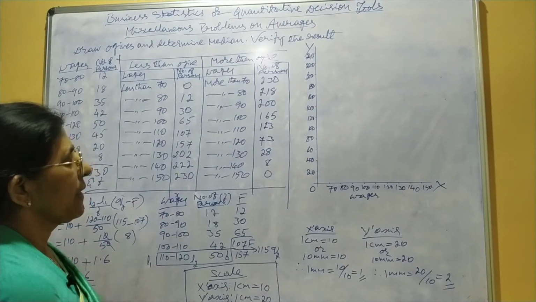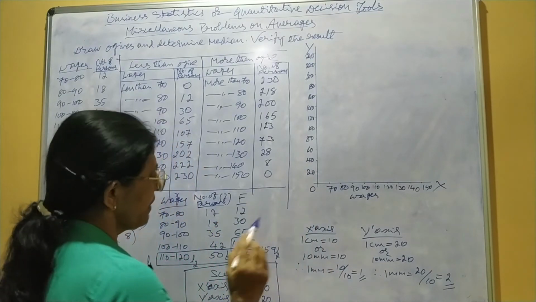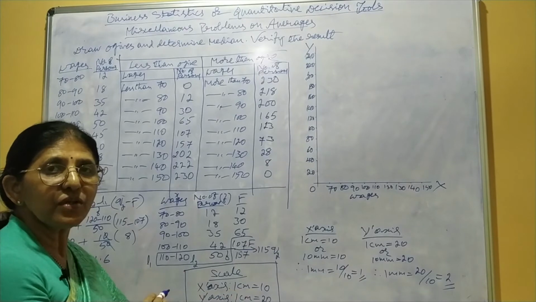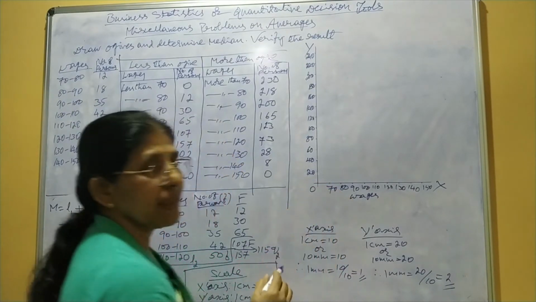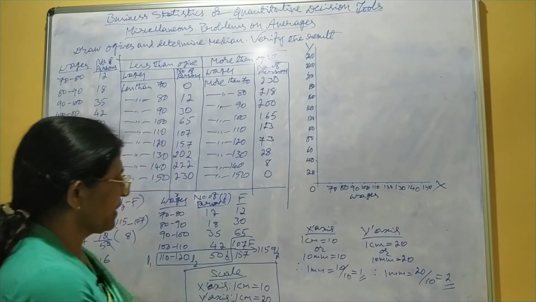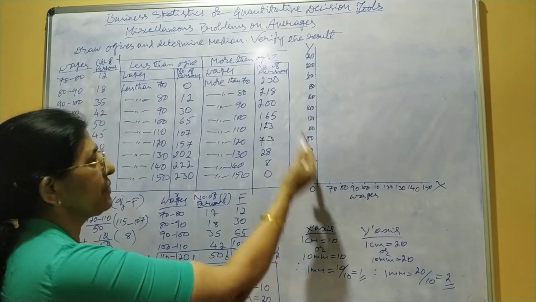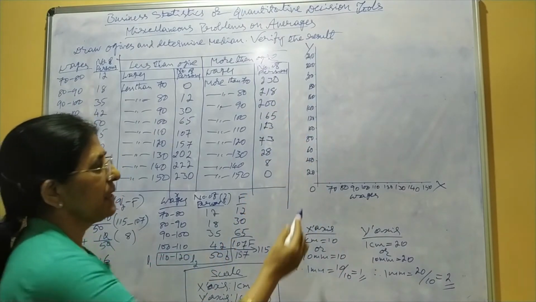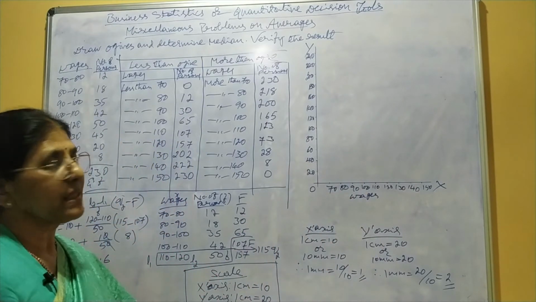Here, there may be a doubt in this case. When we have taken 1 centimeter equals 10, it must start from 10. It may come to your mind, how can we start from 70 when the scale is 10? On the y-axis, when the scale is 20, we have started from 20. Here the scale is 10, but we have started from 70.